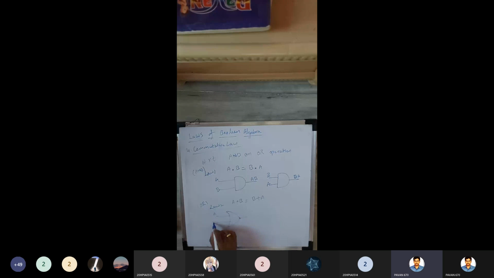For this case, I write A, B, which gives A plus B. If I go for this one, first input as B and second input as A, then also the output is the same, B plus A, which is equal to A plus B only. This is the commutative law.